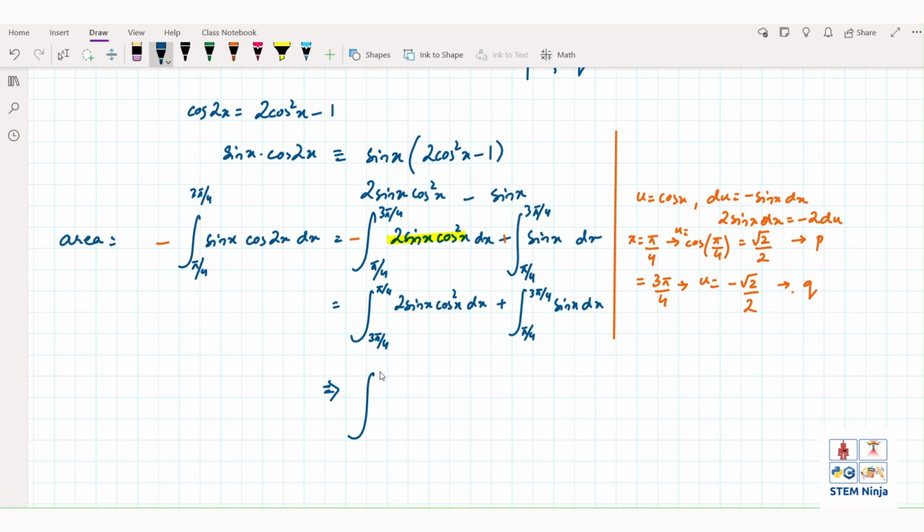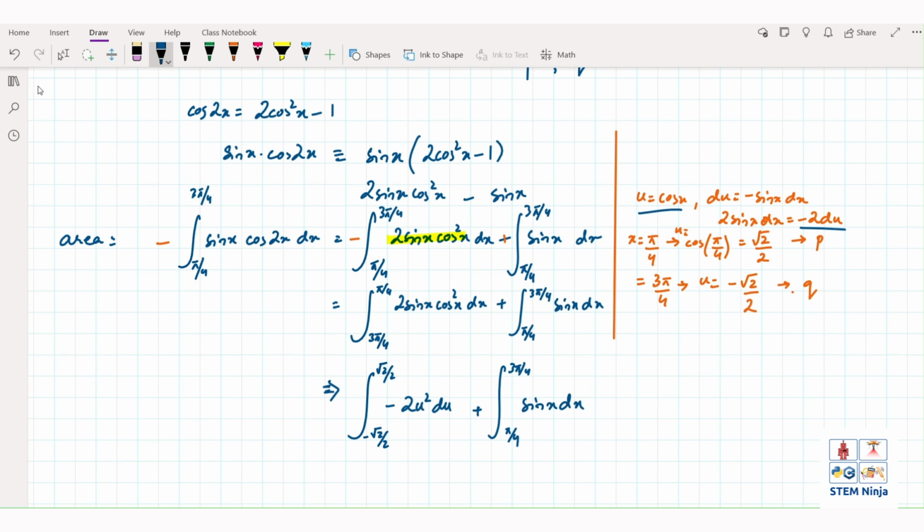For pi by 4, we have root 2 over 2, and for 3 pi by 4 we have minus root 2 over 2, and the function inside becomes minus 2u squared, simply because this is minus 2 du, and u squared because u was cos x, plus this remains as it is, from pi by 4 to 3 pi by 4, sine x dx.